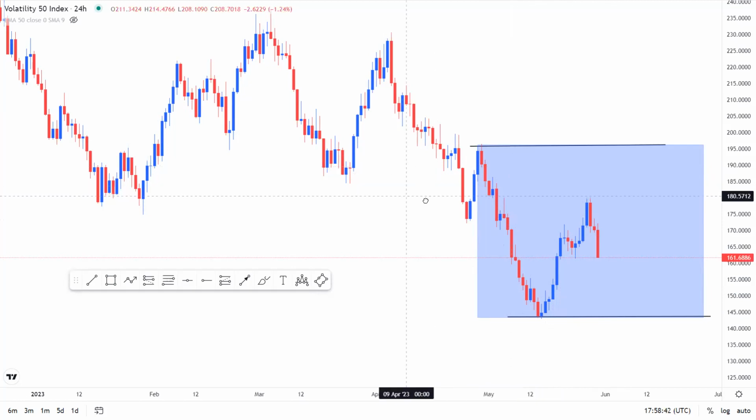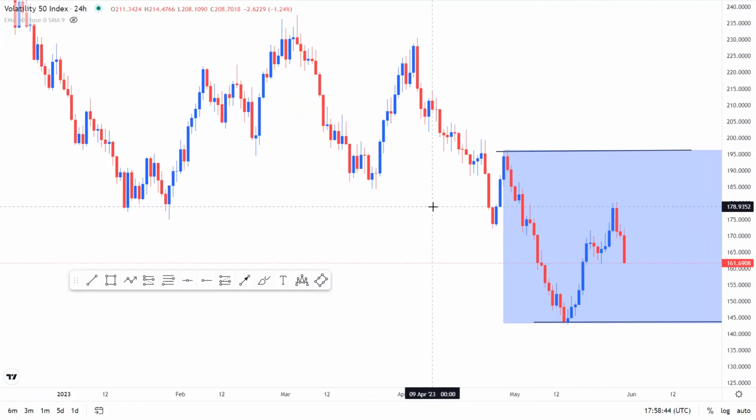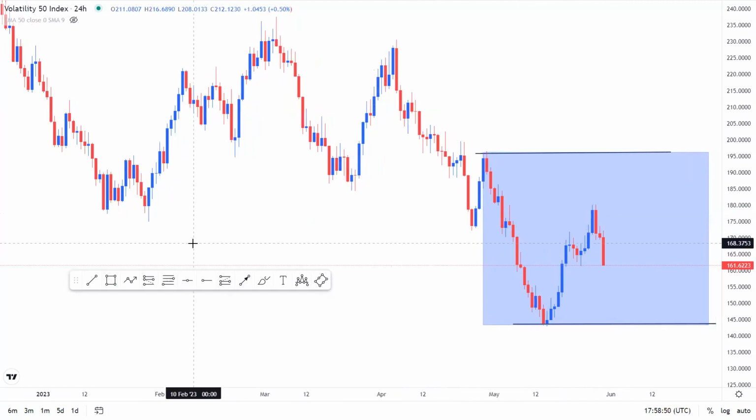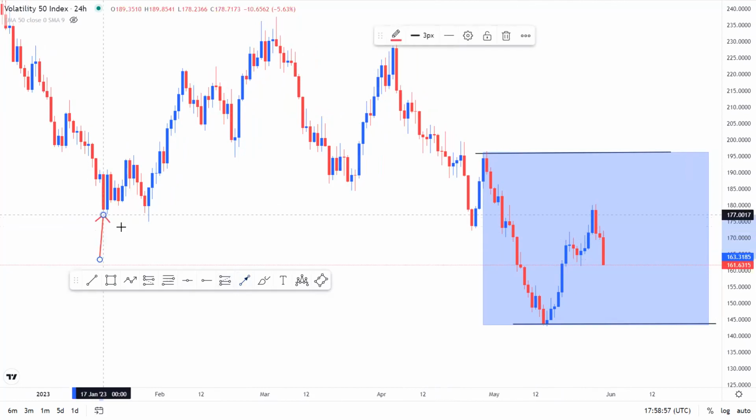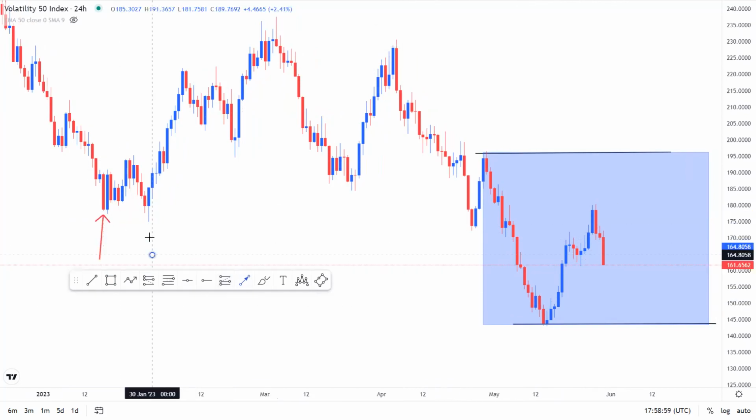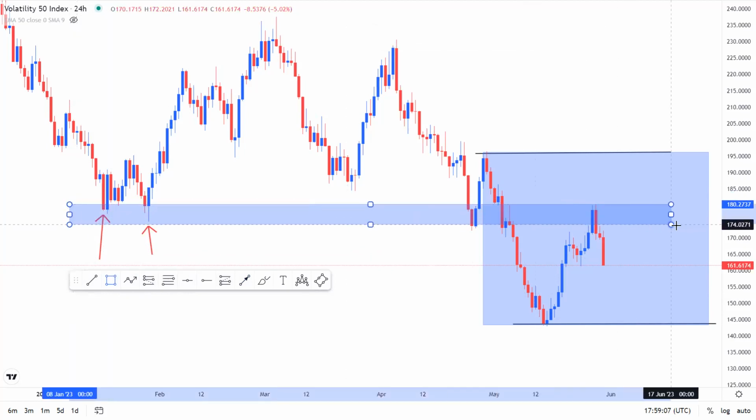And then what I do is identify places with the most touches. As you can see, we have this level right here. I have a second touch right here.